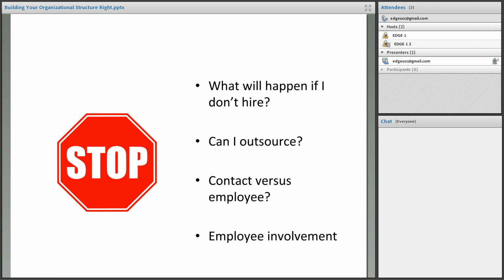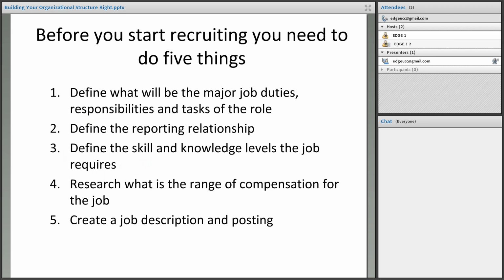And the other point on here is employee involvement. So if you are an organization that has employees today, engage them, involve them. Say, you know what, I feel we're busting at the seams, or we're growing, or whatever the reasons are, and get their involvement.